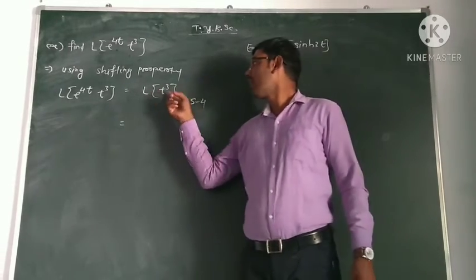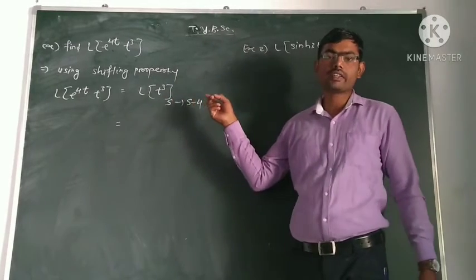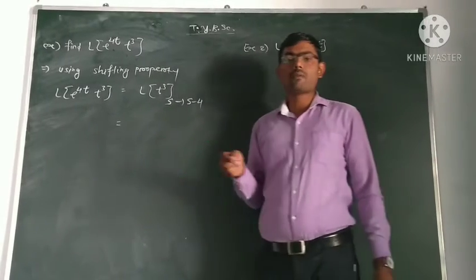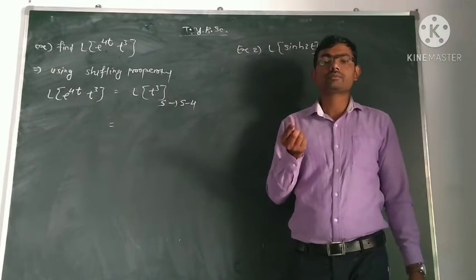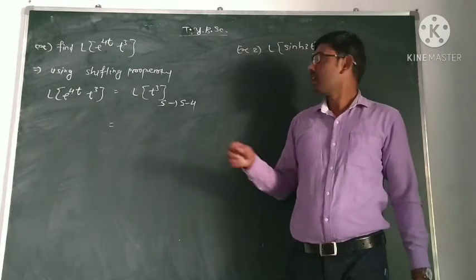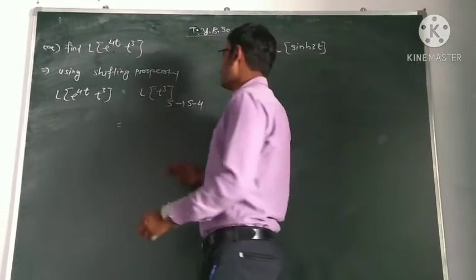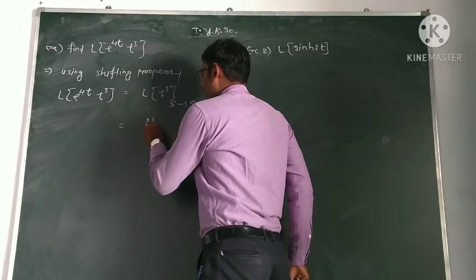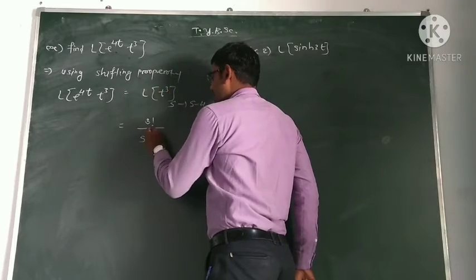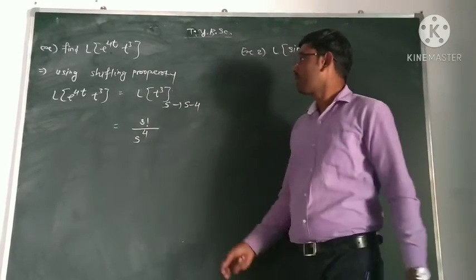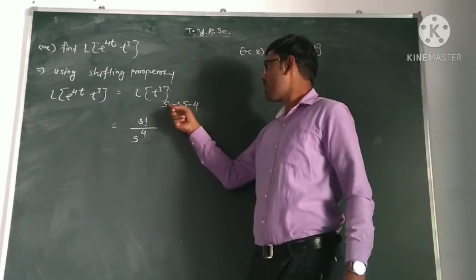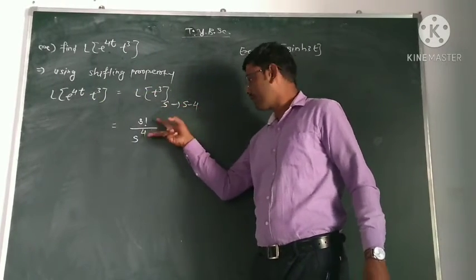What are elementary functions? Like t raised to power n, sin at, sinh at, cos at, etc. We have seen some 5-6 examples of the Laplace transform of elementary functions. You must keep them in mind to solve any example. Now look here, come to the elementary function t raised to power n, here t raised to power 3. We know the Laplace transform of t raised to power n is n factorial upon s raised to power n plus 1. Here n is 3. So the Laplace transform of t cube is 3 factorial upon s raised to power 3 plus 1, that is s raised to power 4. But we are finding the Laplace transform of the full function, so by the shifting theorem, we have to shift s to s minus 4 in this answer.